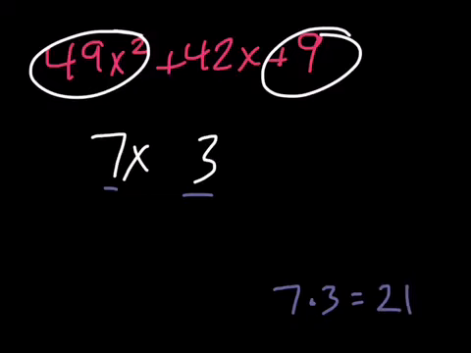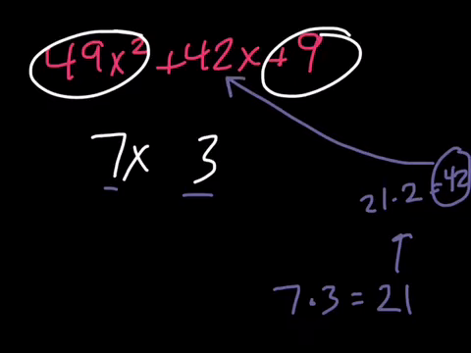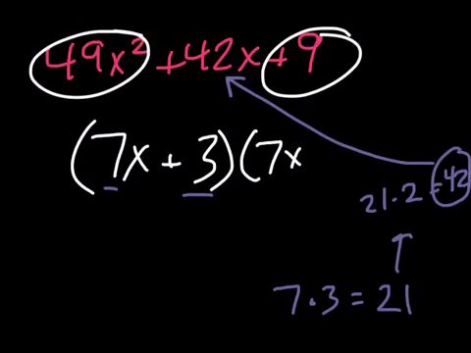But then we also want to multiply that times 2 and see if we get the middle term. And in this case we do, meaning this is in fact the product of perfect squares. So we have 7x plus 3, 7x plus 3. And those are our factors. Now we could take this a step further and solve.